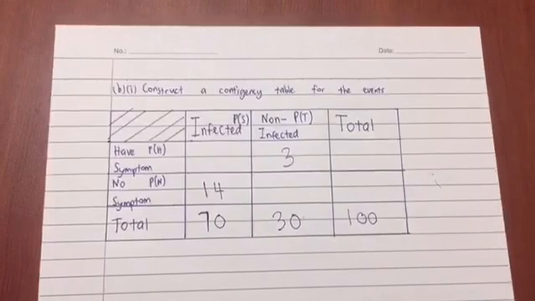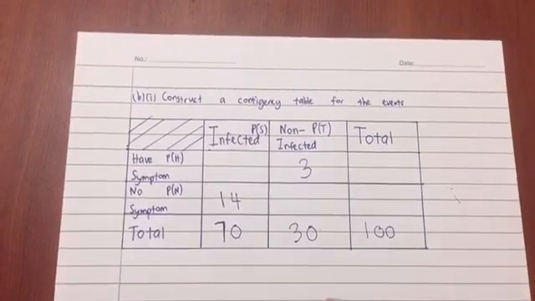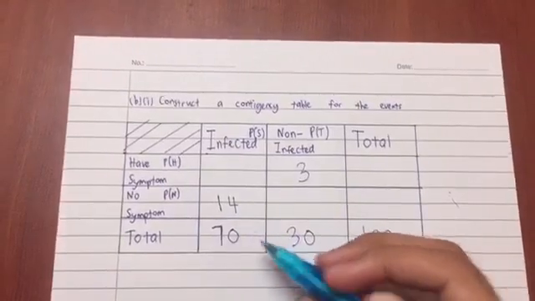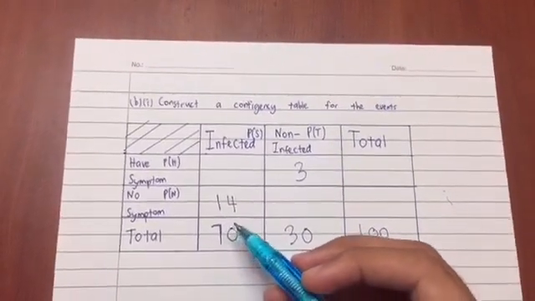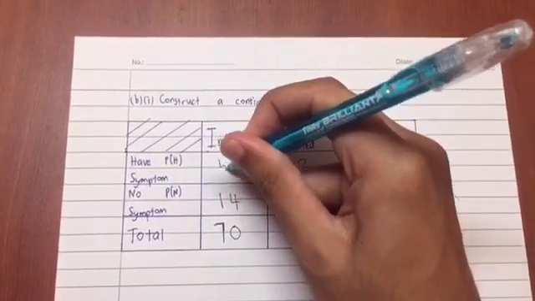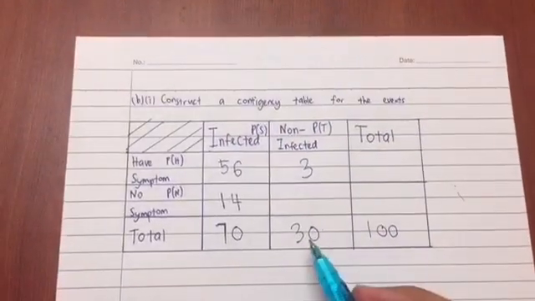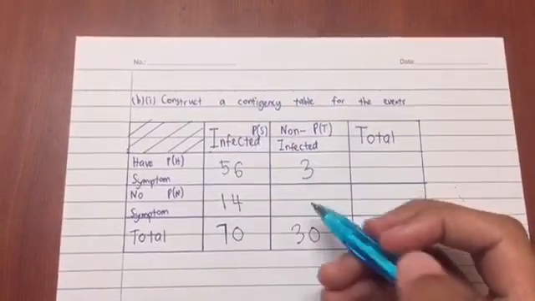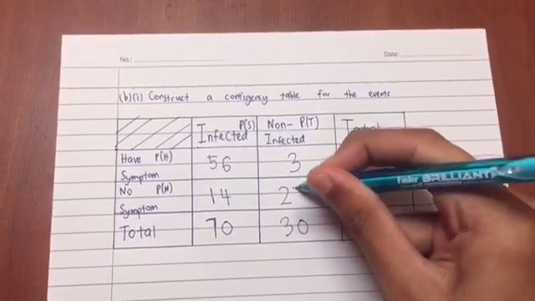To complete the table, we just subtract between this value and also this value. So 70 minus 14, we get 56 right here, and 30 minus 3, we get 27 here.